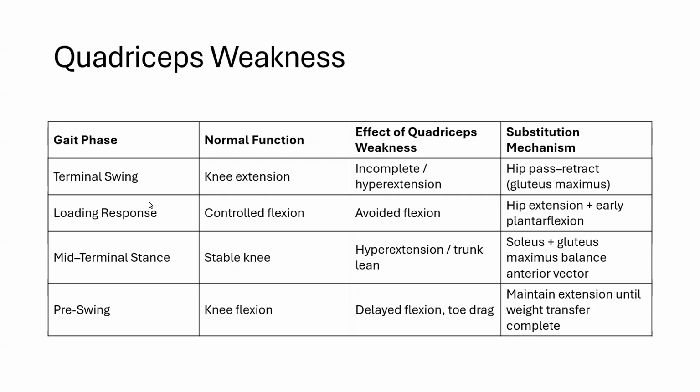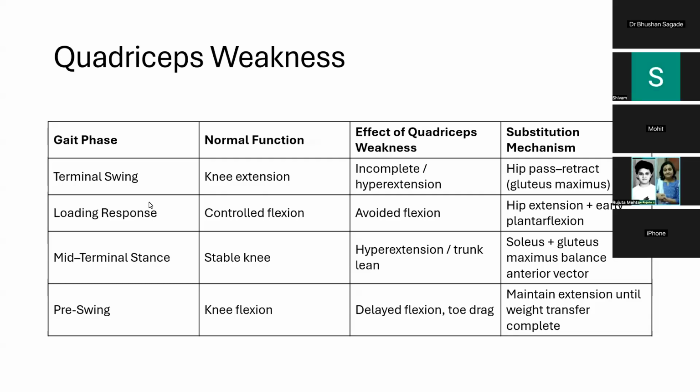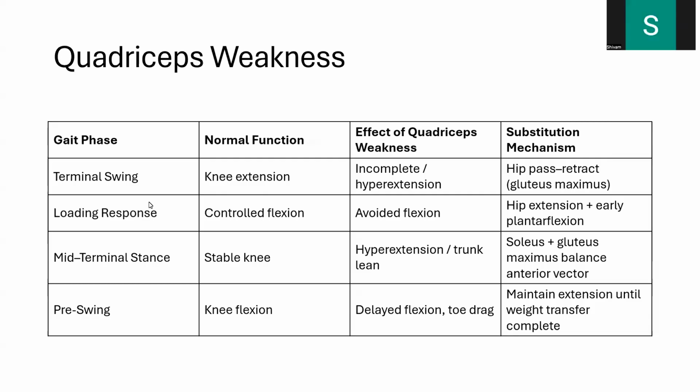So anterior trunk lean again causes the ground reaction force to be anterior, which causes an extensor moment at the knee, causing it to go into hyperextension. If hyperextension range is absent, then the patient will use prolonged gluteus maximus activation. Gluteus maximus activation acts through the iliotibial band complex, which attaches to Gerdy's tubercle, and this will cause an extension of the tibia.